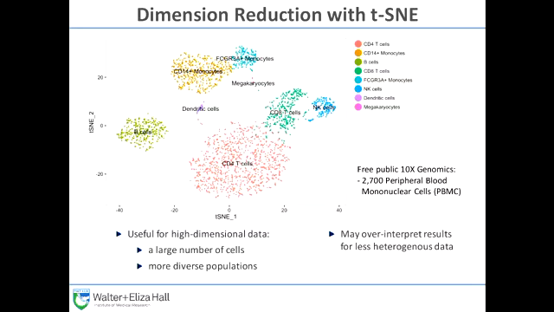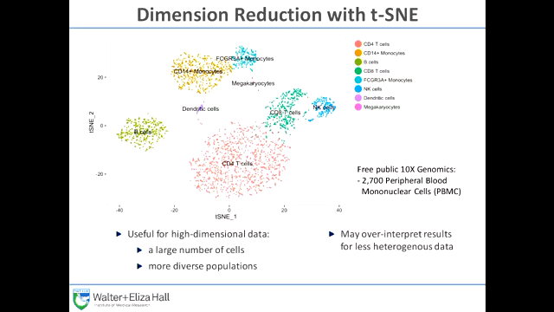There'll be a tendency maybe just to have a ball of points. But when you have a large number of cells, and also when you have diverse cell populations or cell types in that large number of cells, then it can do a very nice job of grouping points in what is often a very appealing way.